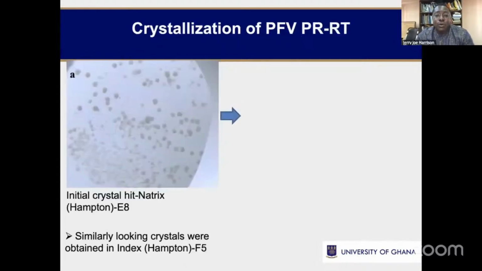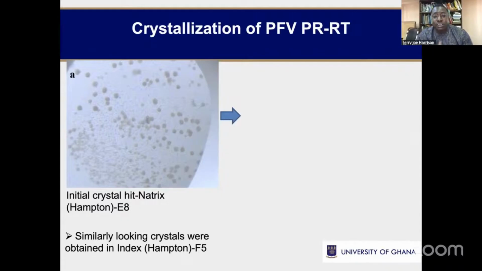And so we went on to try our crystallization. I don't want to bore you with all the details, but we tried various options. This is one of the nicest hits that we got from Natrix. In Index, there was another one as well.